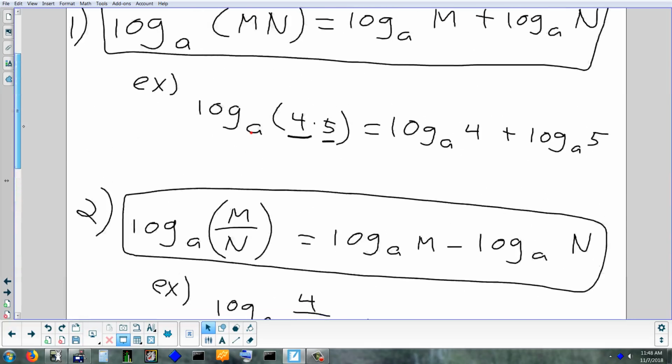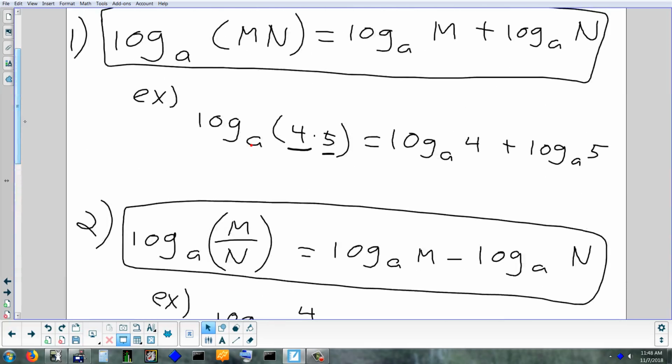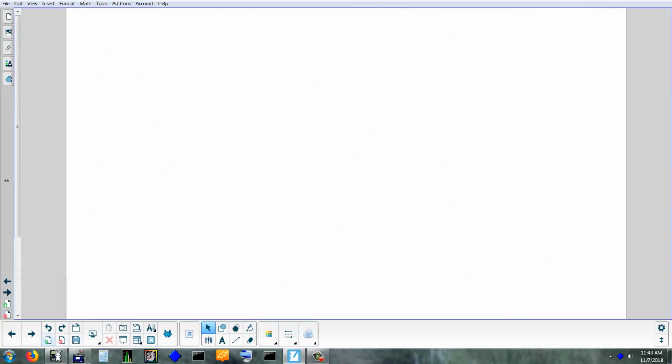Okay, let's look at our third property, which is really kind of like the first property. Except instead of having different factors, I'm going to repeat the same factor inside. So let's do log base a of y times y times y.